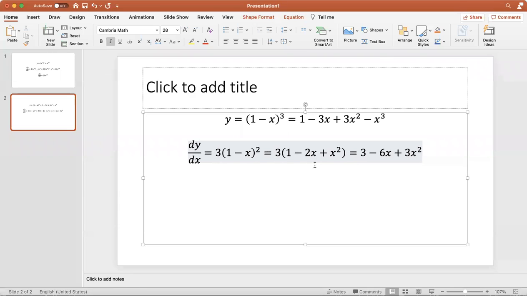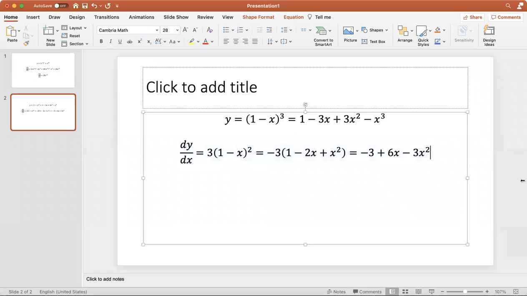And of course, don't forget the negative sign here. Don't forget the negative 3 because if you take the derivative of the inner function, that's going to be negative 1. So you'll have negative 3 plus 6x minus 3x squared.